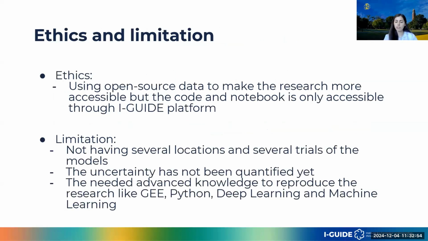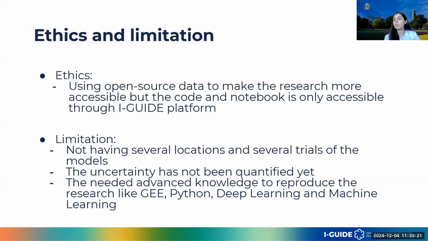Also, we all know that many research projects have their ethics and limitations. And it's also true for the research that we've been doing during the summer school. The ethics coming with this research was that we were using open source data to make the research more accessible for people.